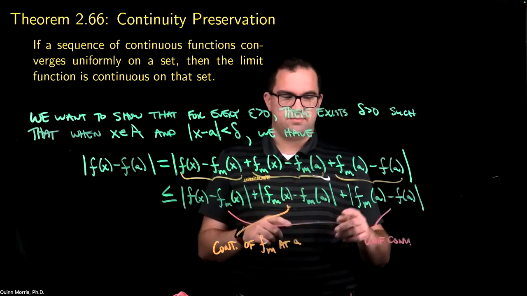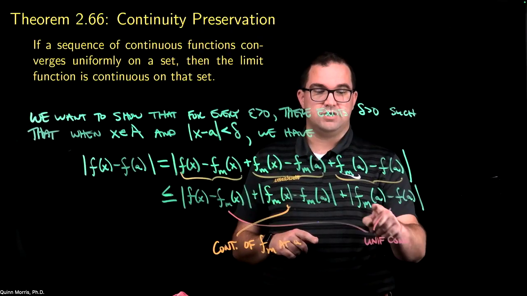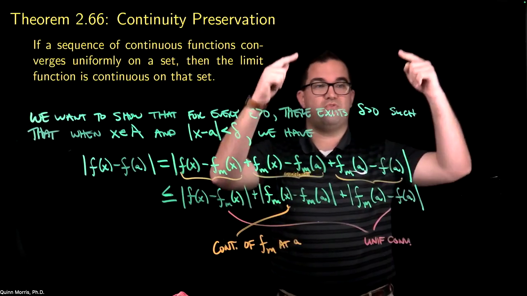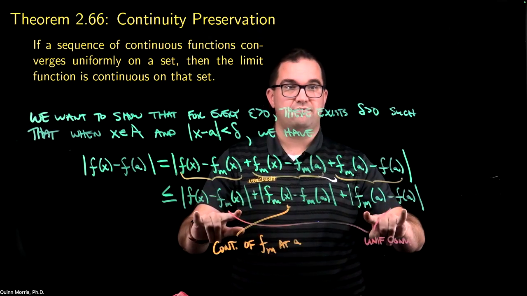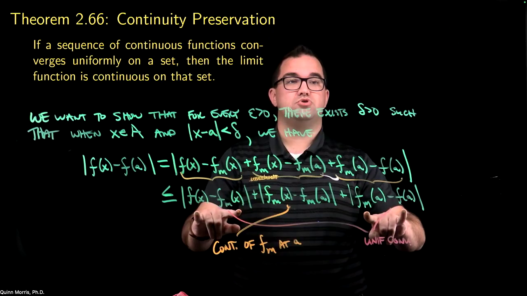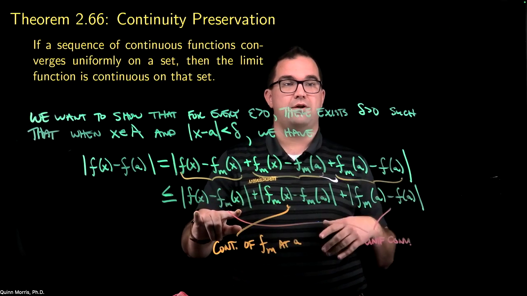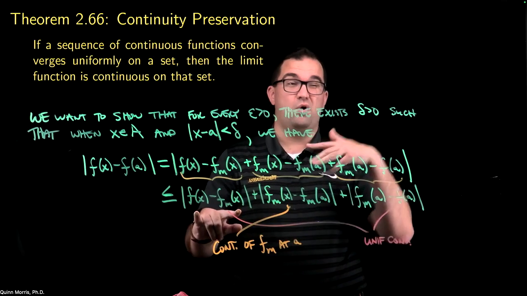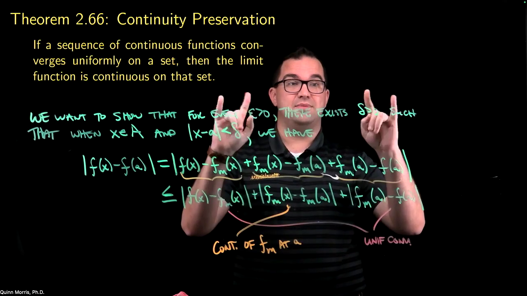I have to pick using the uniform convergence first. I'm going to go far enough out in my sequence of functions that these differences are not very large. It can be any one of those functions, but choose one that's far enough out in the sequence. Now my m is fixed.